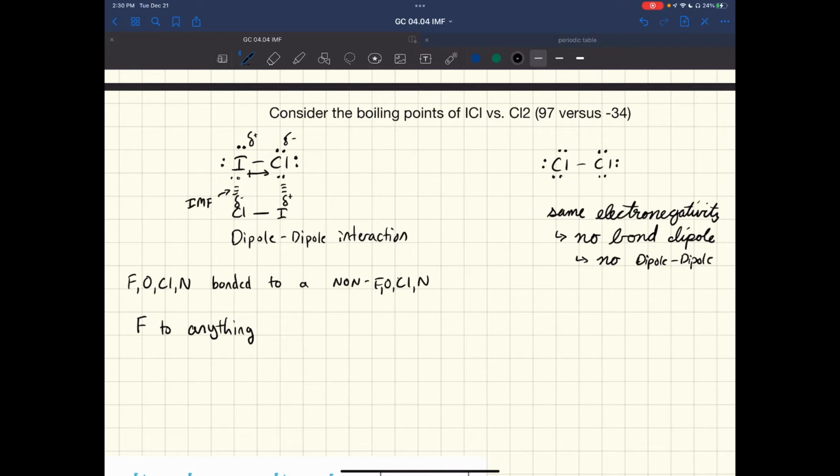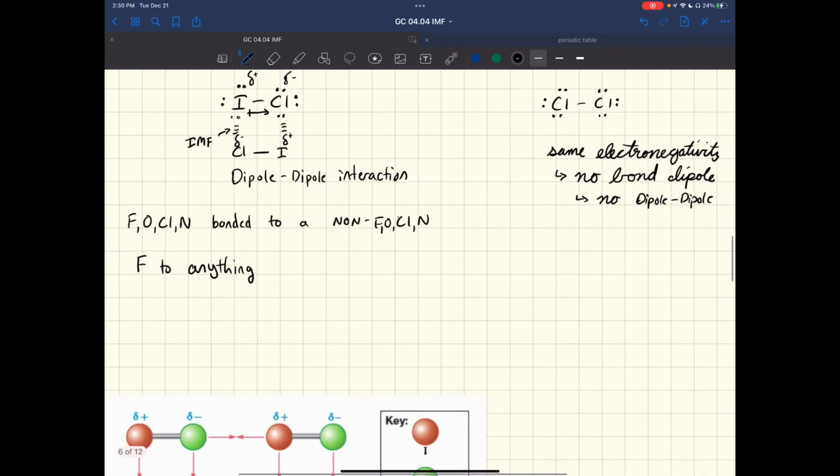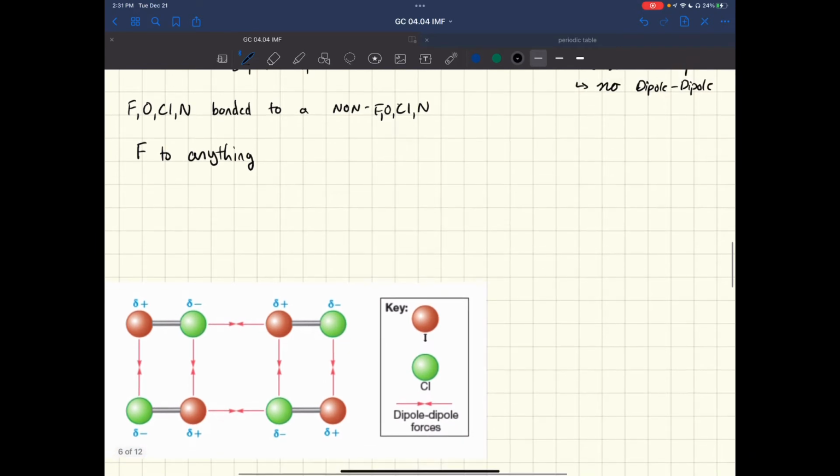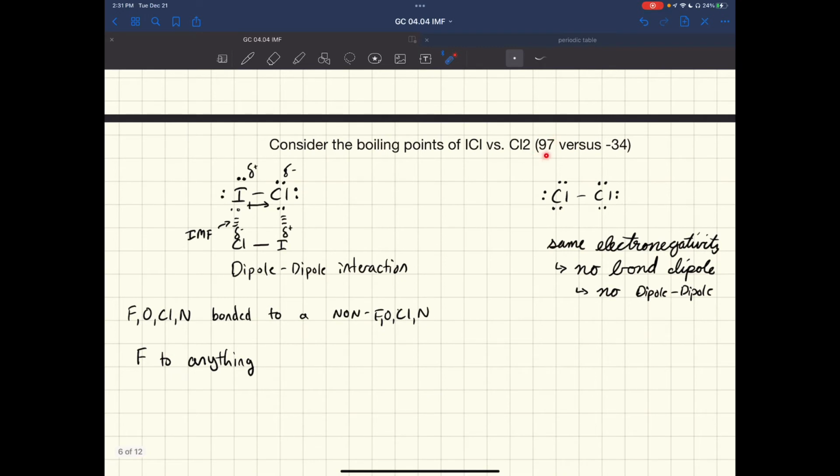And just to kind of drive home how strong this dipole-dipole interaction can be, I have this little diagram here from our textbook where I have the ICl molecule, and you can just see you'll get a huge network here of good interactions between the negative side of one thing and the positive side of another thing. And remember, this is 2 dimensions, so this really is happening in 3 dimensions. Things are constantly moving. This is a very strong interaction, which you can tell because 97 is a very high boiling point, right?